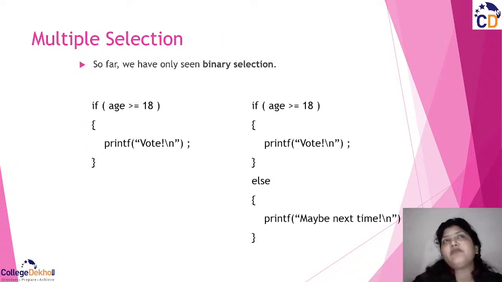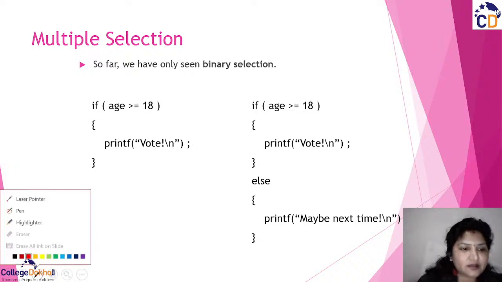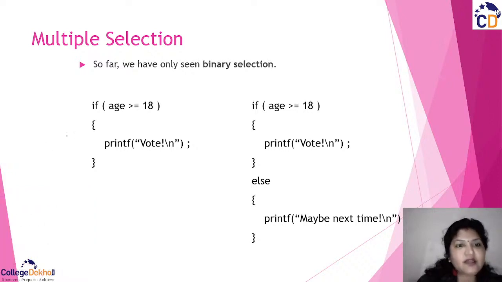Now if we have multiple selections using if else statements, suppose we have taken this part. You have taken a condition using an if statement and then just print one statement. This is a single condition.